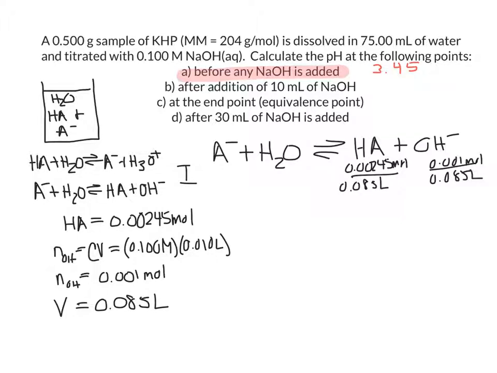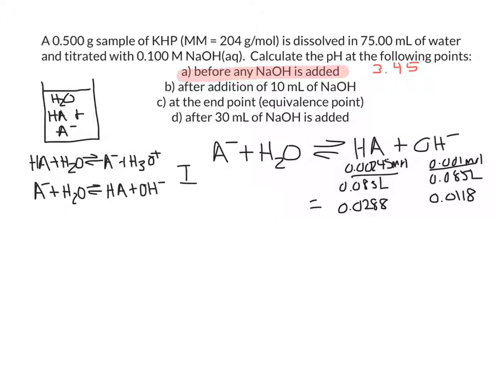And so my initial concentrations of HA and of OH minus are 0.0288 and 0.0118 molar.